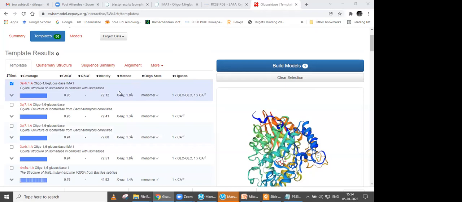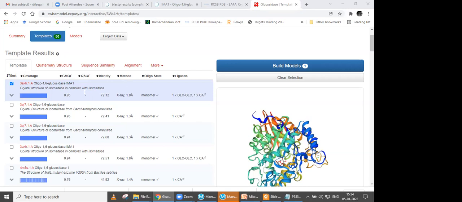This protein also belongs to isomaltase, glucosidase isomaltase. IMA represents the isomaltase enzyme. That means in the normal BLAST, basic local alignment search tool, we also got isomaltase as the best template, and in the Swiss Model predictions also we got isomaltase as the best template.